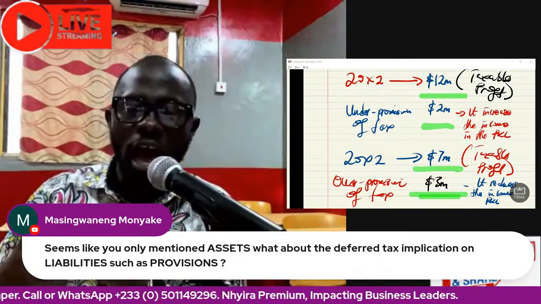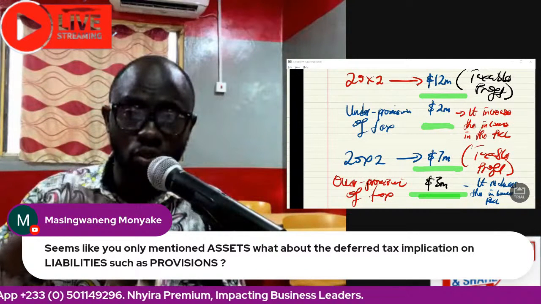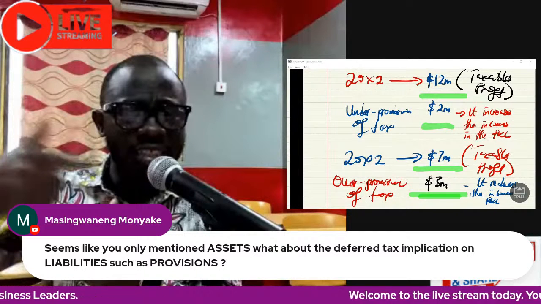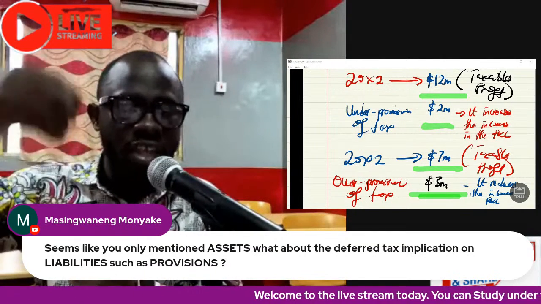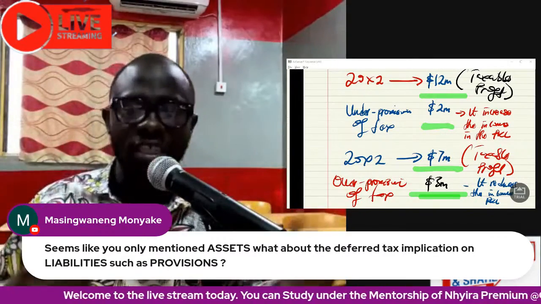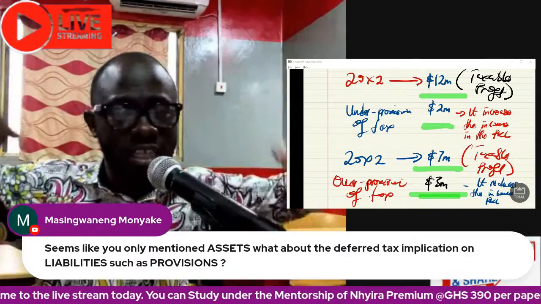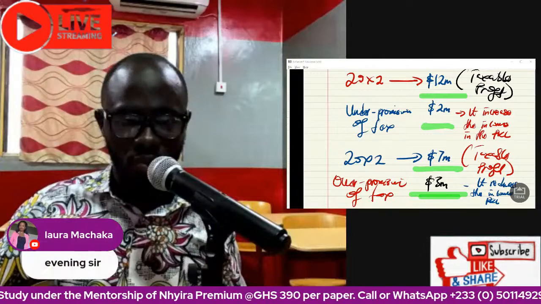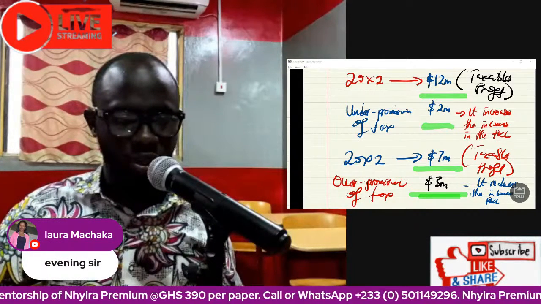When I spoke about IFRS 2 share-based payment, if you are giving share appreciation rights, that's a liability. So there is a deferred tax, and when there is deferred tax on liabilities, it is always going to be a deferred tax asset in the books of the entity, because the tax base of it is going to be 0, and then the carrying amount is what we're going to be carrying out.